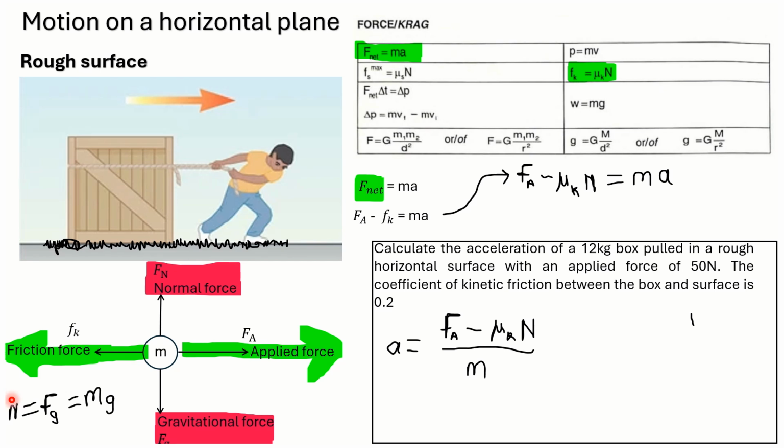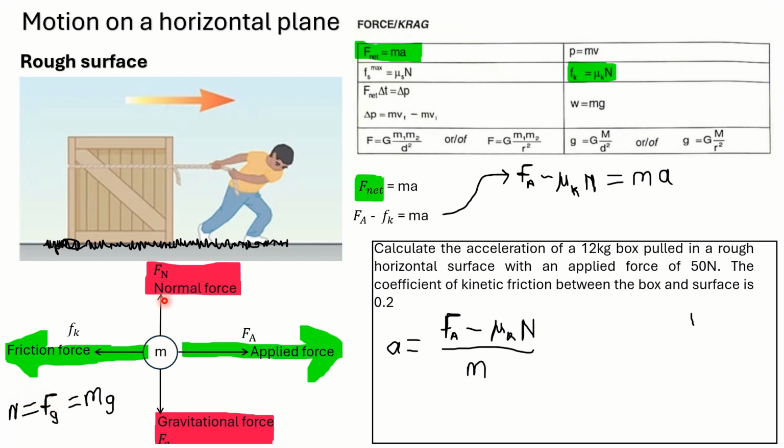Ladies and gents, this capital letter N is the same as this Fn, or normal force. In other words, N stands for normal force, Fg stands for gravitational force, and we know that gravitational force is mass multiplied by the acceleration due to gravity.